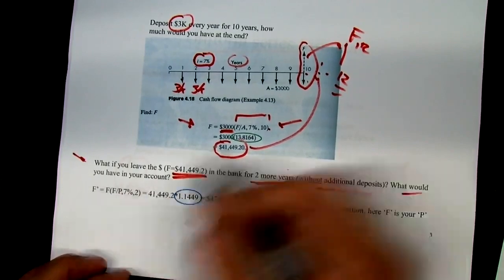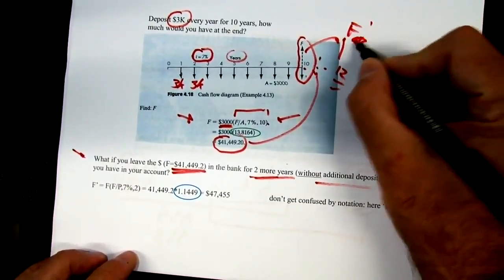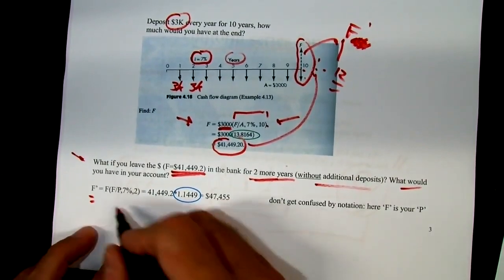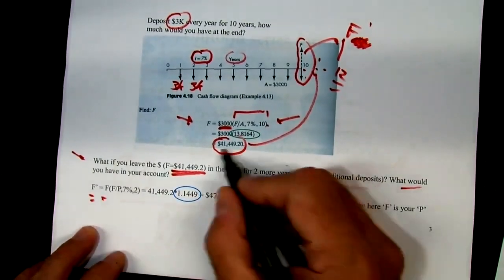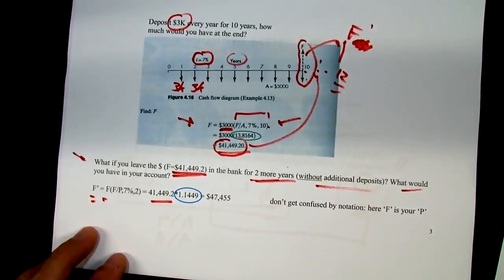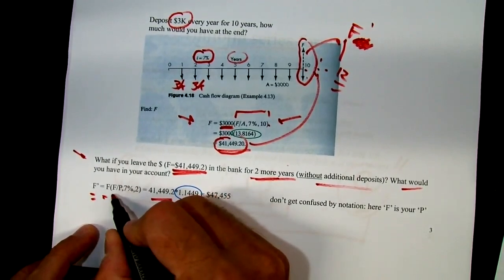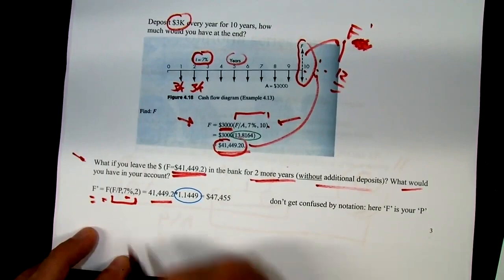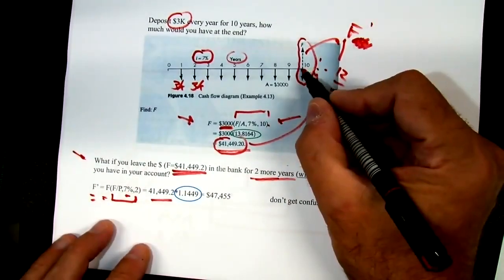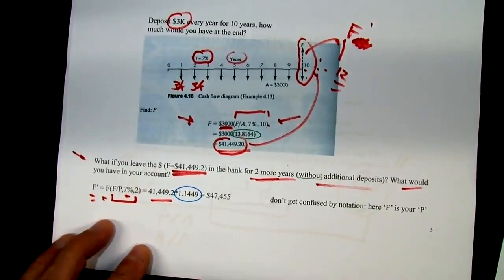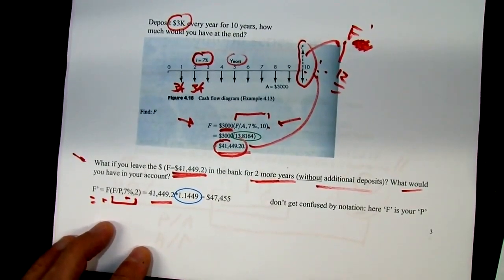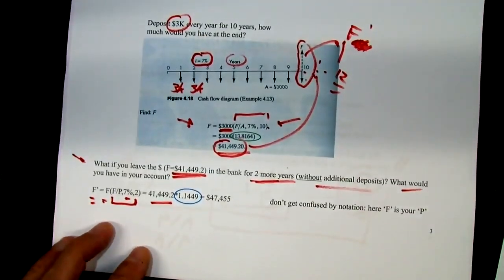Well, out here I call it F prime, so let's use the correct notation. Your F prime will be your F, so whatever you just calculated, $41,000 more or less, multiplied by what? F given P at 7% for 2 years, because I am finding the equivalent amount 2 years in the future, applied to the original F just calculated before.